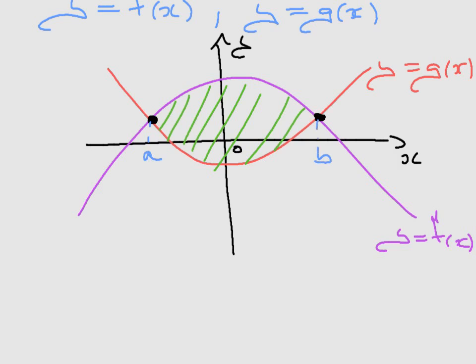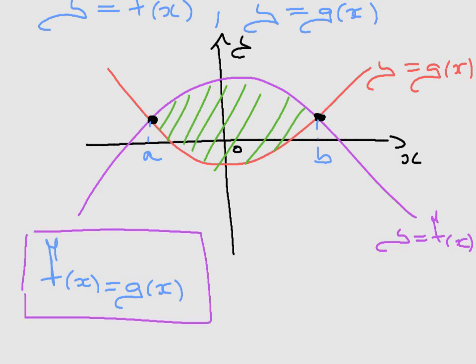The way we find those two values, a and b, is by solving the equation f of x equals g of x. Remember, this is the equation we solve to find a and b. So that really is one of the important steps in finding the area between two curves.